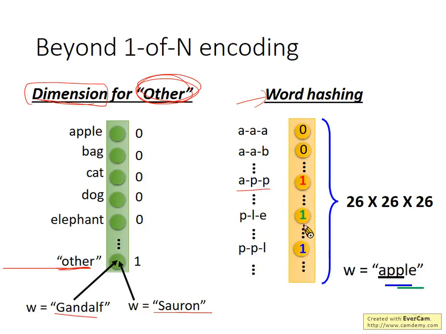Then ppl, so in the dimension corresponding to ppl we have 1, and in ple we have 1, and at other places we have 0. In this kind of vector, the first dimension corresponds to AAA, the second dimension corresponds to AAB, and so on. So the dimension of such a representation is 26 by 26 by 26. So this is another representation.